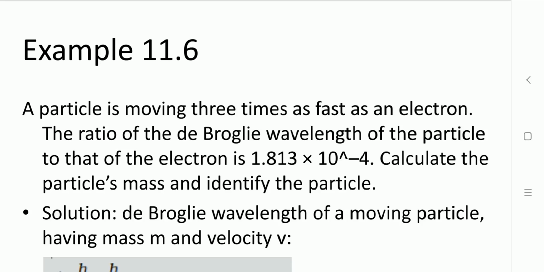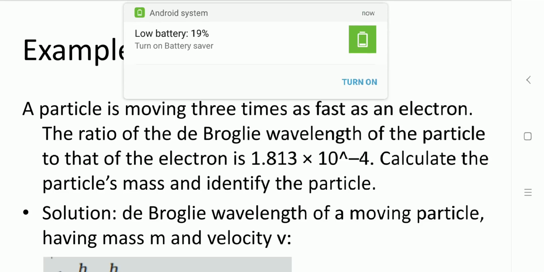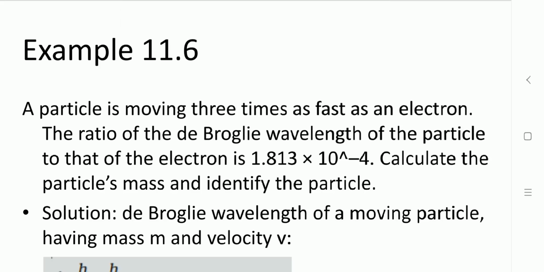To identify the mass, m equals h divided by lambda into v. For the electron, mass me equals h divided by lambda e ve. Here v divided by ve is 3, and lambda by lambda e is 1.813 into 10 raised to minus 4.